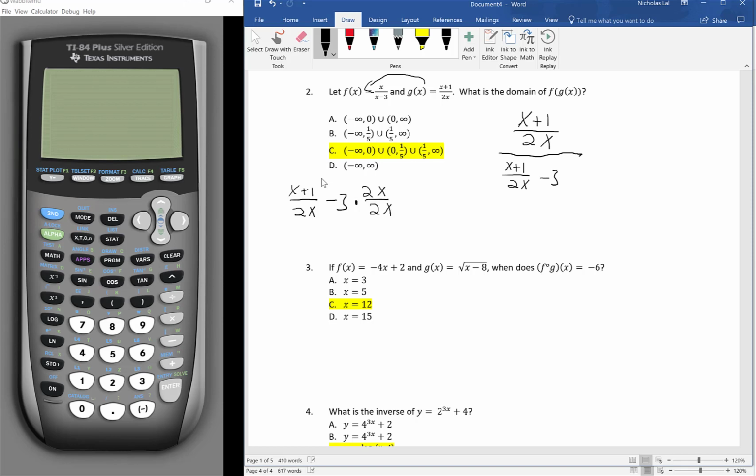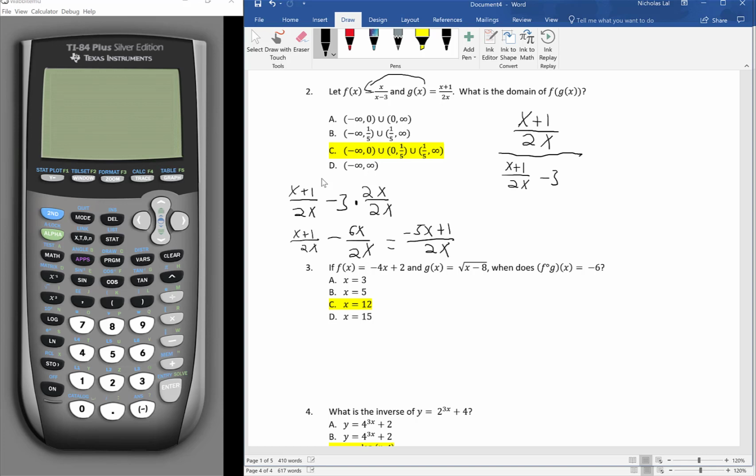So we're going to ultimately get x plus 1 over 2x, but now negative 3 becomes minus 3 times 2x, which is minus 6x over 2x. And simplifying it, x minus 6x is equal to negative 5x, plus 1, over 2x.